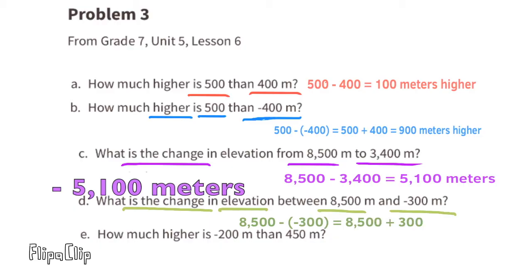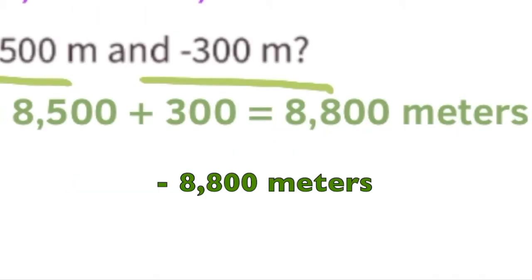The opposite of negative 300 is positive 300. So we can rewrite this as 8,500 plus 300, which equals 8,800 meters. So the change in elevation between 8,500 meters and negative 300 meters is a negative, or a minus, 8,800 meters.